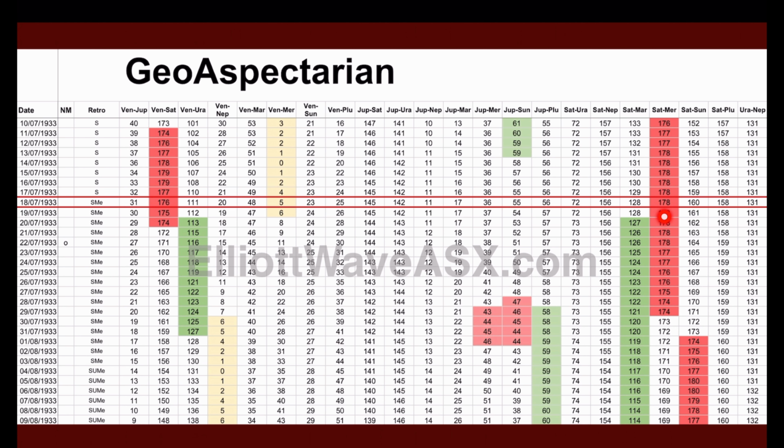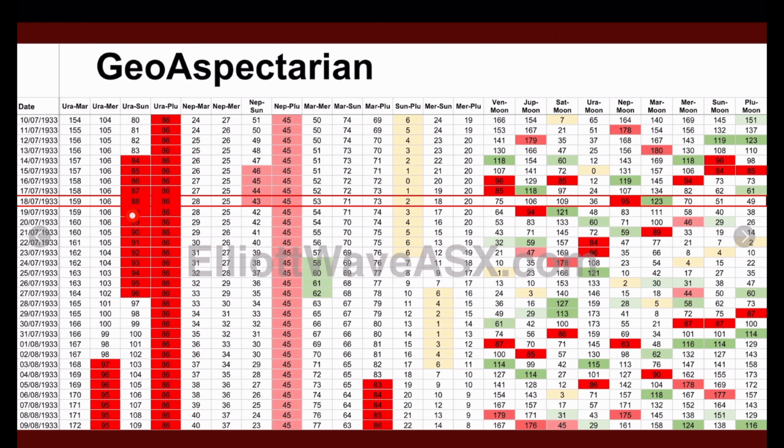Saturn, Mercury are opposite, and if I scroll to the right, we've got Uranus, Sun square, Uranus, Pluto square, Sun, Pluto conjunct, Jupiter, Moon is just coming into a square, Saturn, Moon is just coming into a trine, we've got Neptune, Moon square, and Mars, Moon trine.